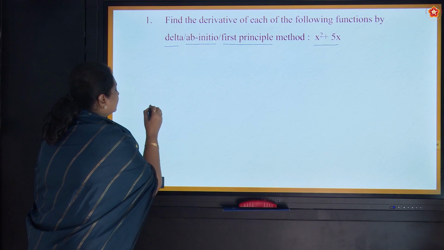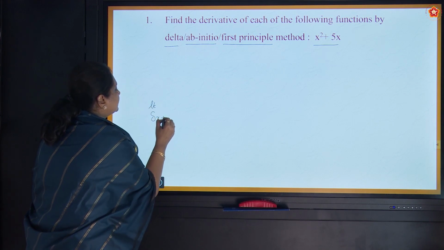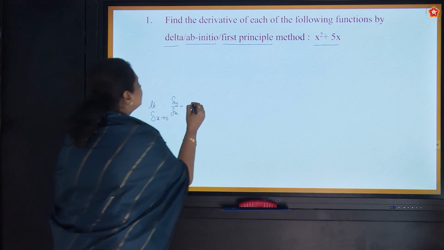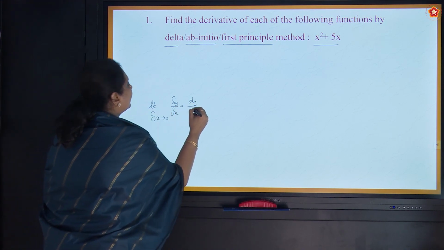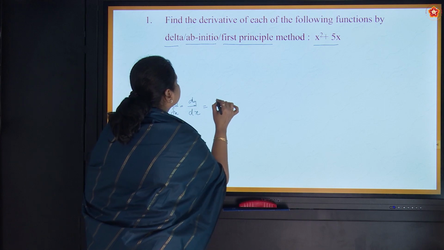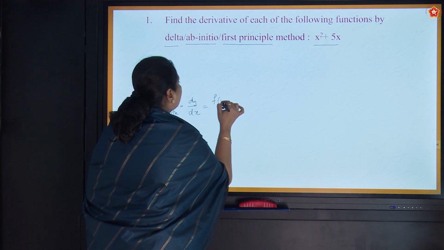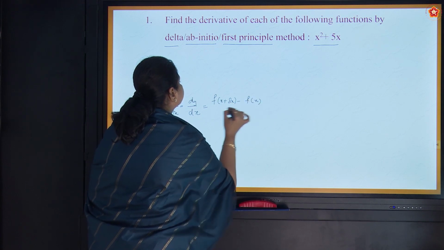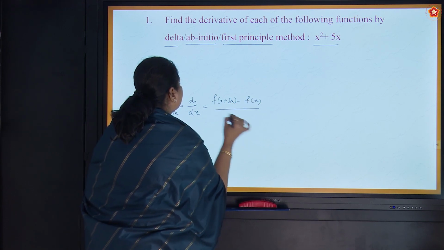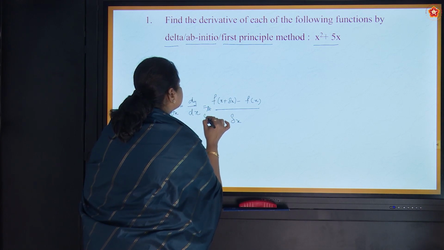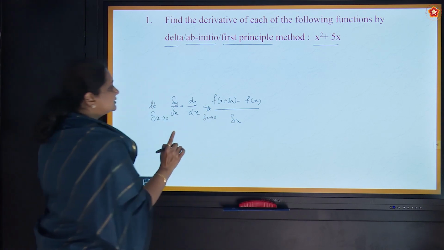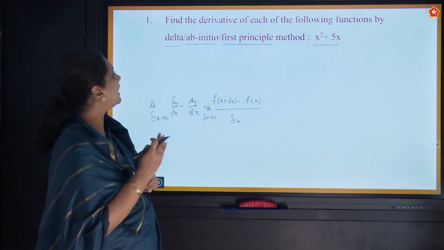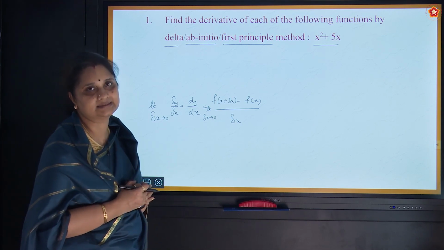That is, limit delta x tending to 0, delta y by delta x is our dy by dx, and it's given by f of x plus delta x minus f of x by delta x, with limit delta x tends to 0. So this formula is called the first principle or ab initio or delta method.